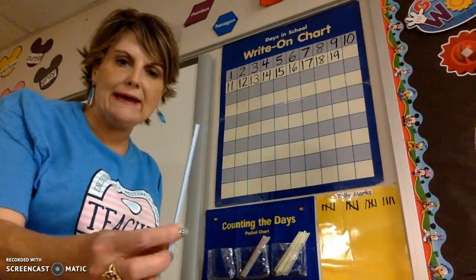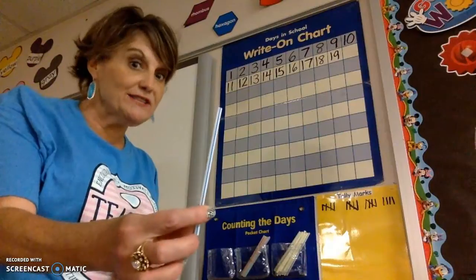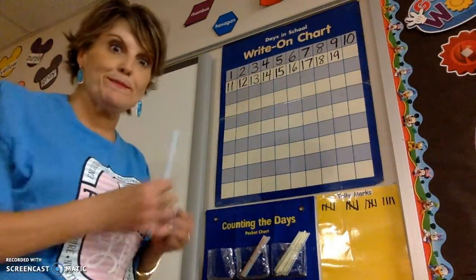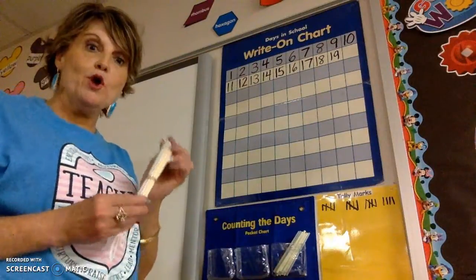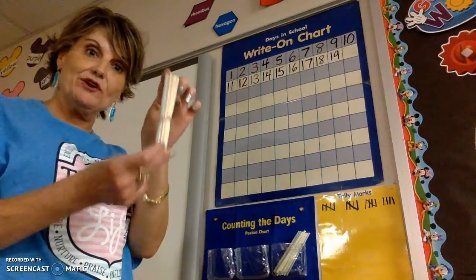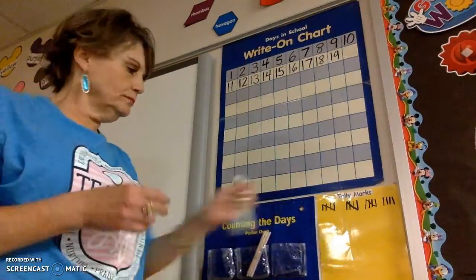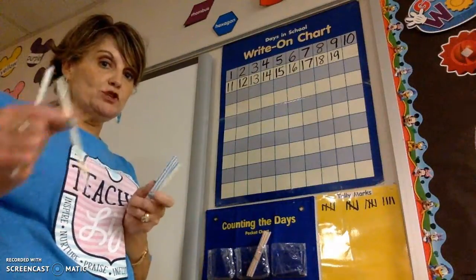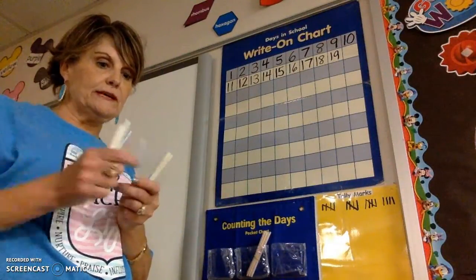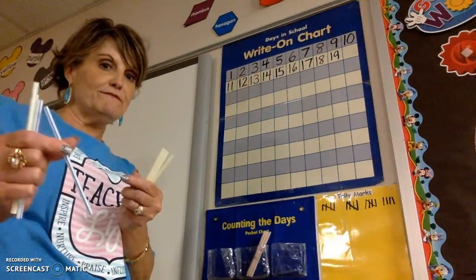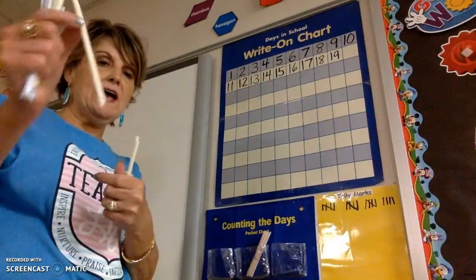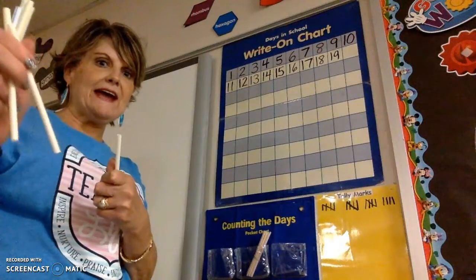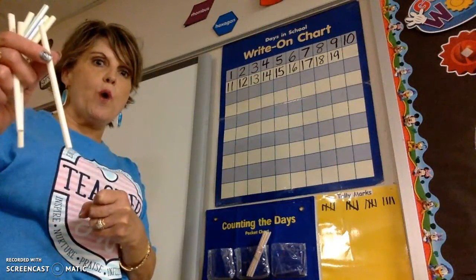So we're adding a day today to our numbers of days we've been in school. Let's put that in here and let's count them. We have 10 right here. 10, 11, 12, 13, 14, 15, 16, 17, 18, 19, 20.